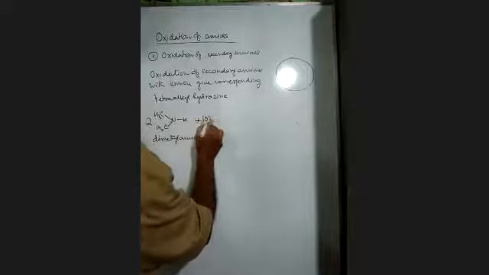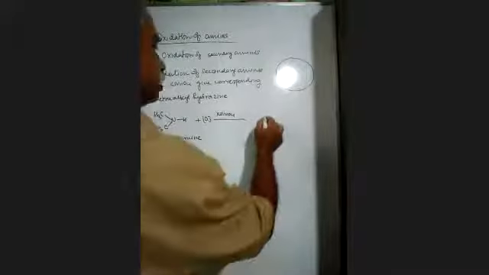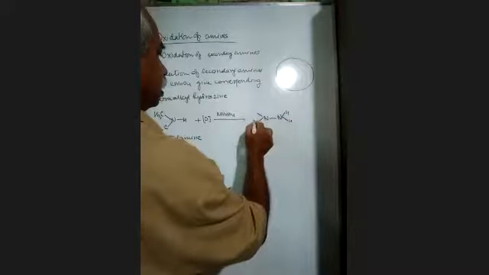Hydrazine, you know, NH2-NH2 is called hydrazine. Suppose I have taken here this dimethylamine. See, when I oxidize this one, what do I get? This is called hydrazine, that we have done in an earlier chapter. So what are you going to have?